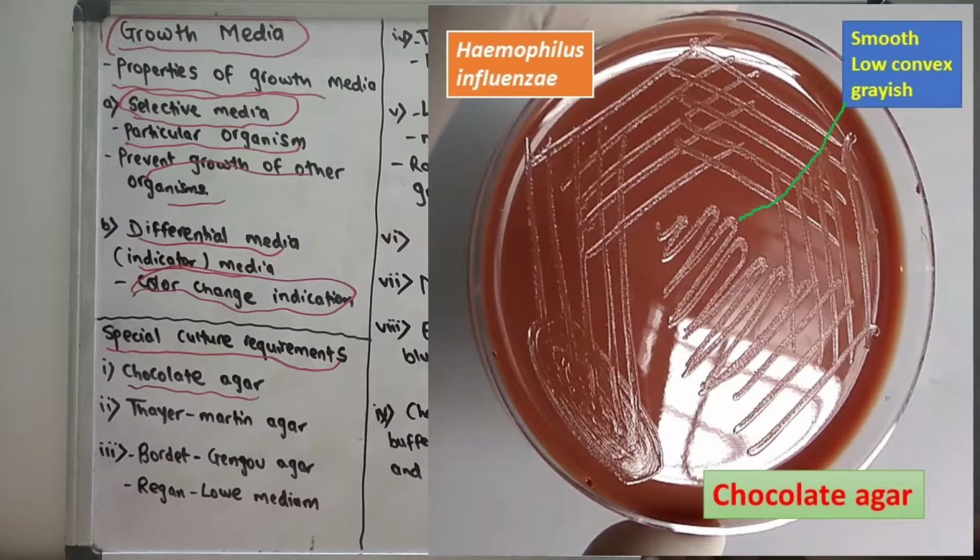But briefly, the chocolate agar is formulated by heating the blood agar at a certain temperature, and the main contents of the chocolate agar are factor V, which is NAD+, and factor X, which is hematin. The chocolate agar is specifically used for the culture of Haemophilus influenzae.